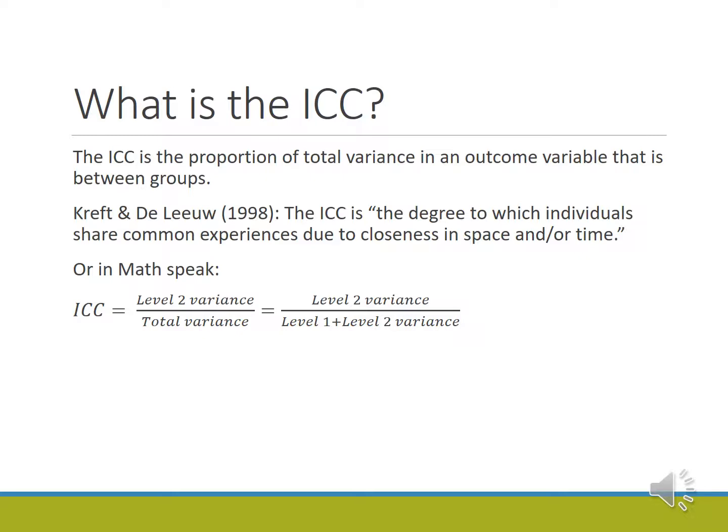Things get a little bit more interesting then. But so far, what you need to remember is that it is the level 2 variance that's in the numerator, and that the total variance is in the denominator. So if we're looking at a proportion, this is always below 100%, and that will help us understand how the data are clustered and will help us understand our findings.